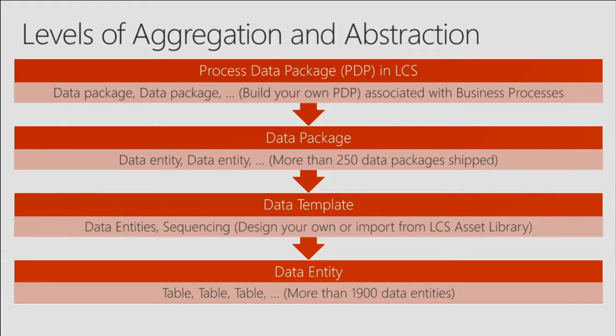The Lifecycle Services tool provides the concept of a business process library, and you can attach data packages to every business process, and you can implement or apply your data configurations using a process-based approach. So again, these are all aggregations on top of the basic concept of a data entity. Any questions so far?